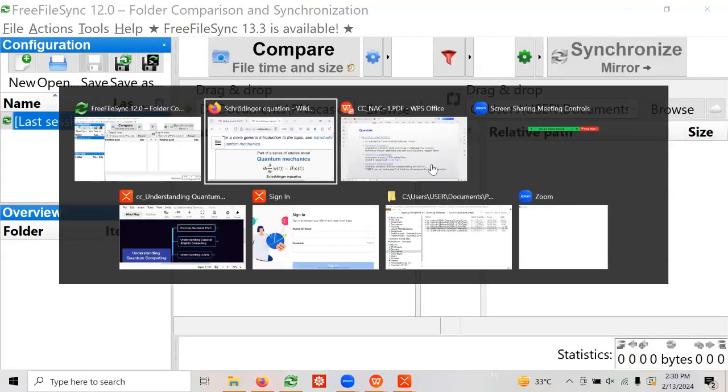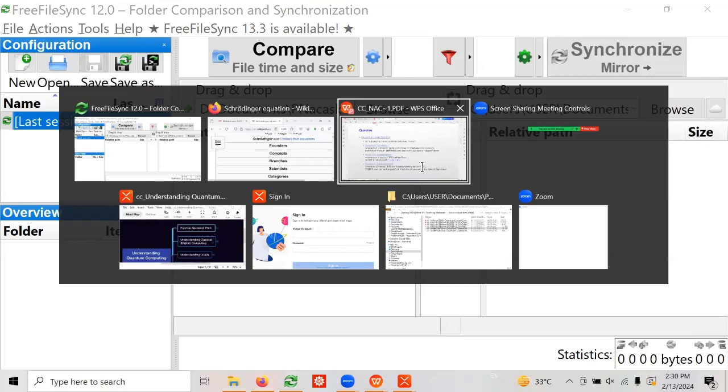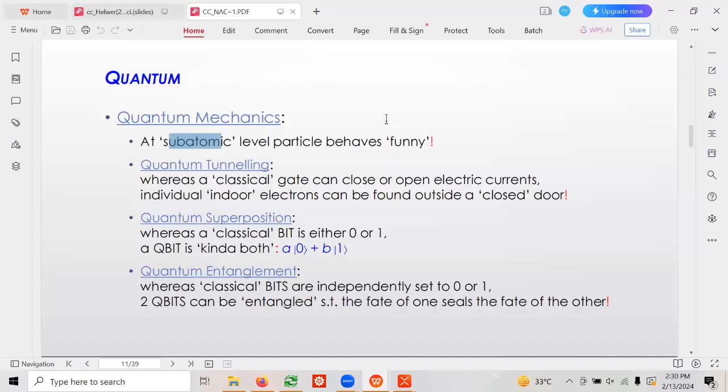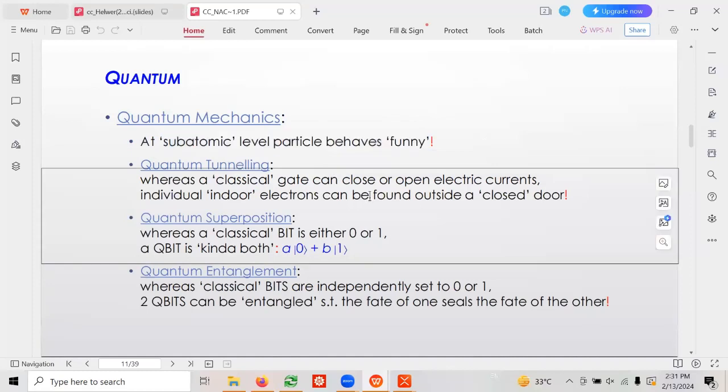Okay, so you need to know that things behave funny at quantum scale. Quantum tunneling is what I was talking about. It's like this thing that can break through a mountain. It's a little bit like tunneling, but not with actual digging. It's just called quantum tunneling. Now, the other thing you need to know is called quantum superposition.